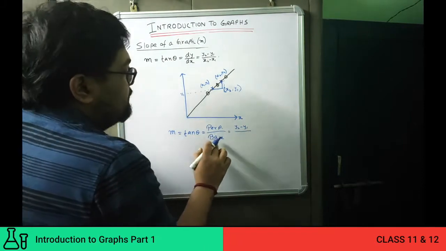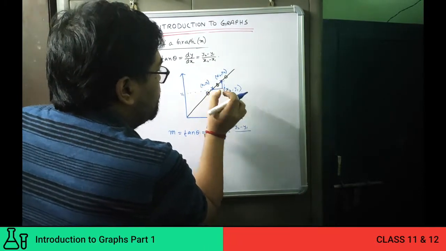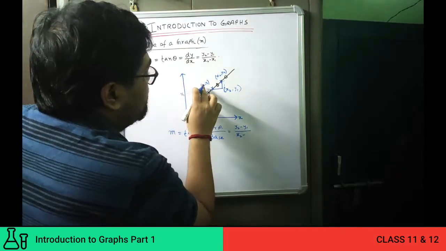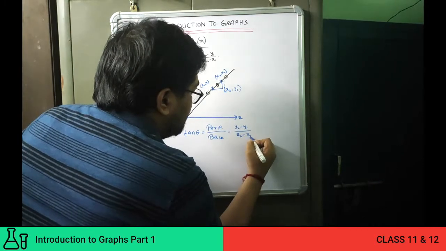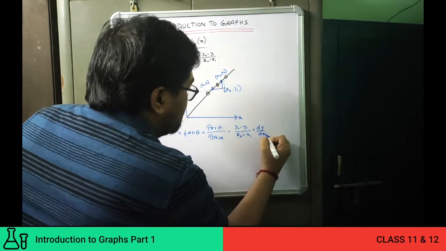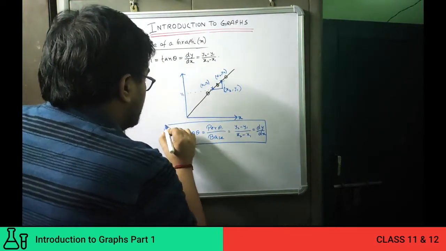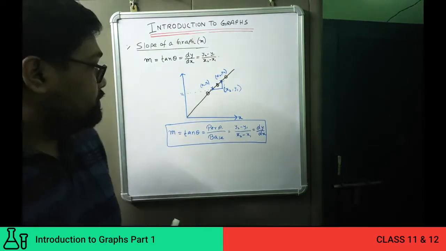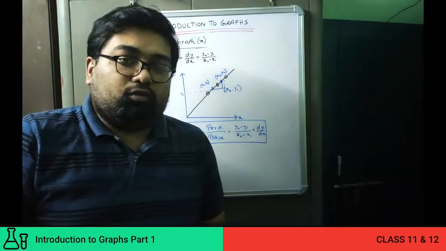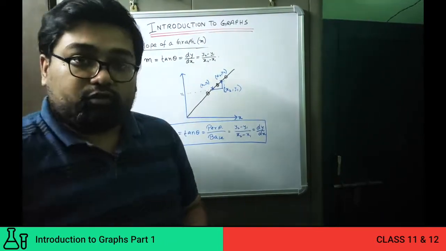Divided by the base part. This is the base part, so the difference will be x2 minus x1. This can also be written as dy/dx. In this way we can derive how the slope is obtained.